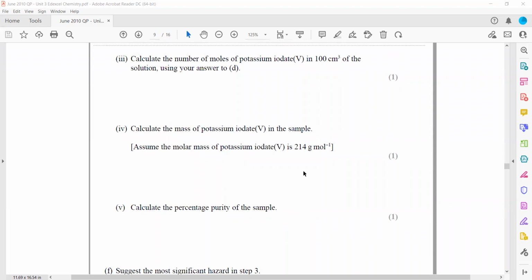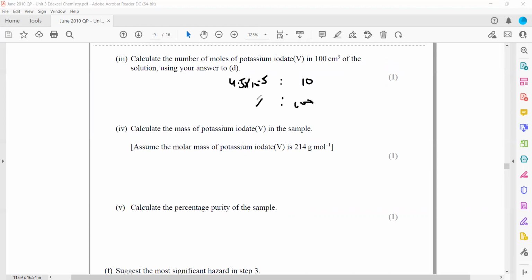Then calculate the number of moles of iodate in 100 cm cube. In 100 cm cube it will be 10 times, because in 10 cm cube it was 4.5 into 10 to the power minus 5.